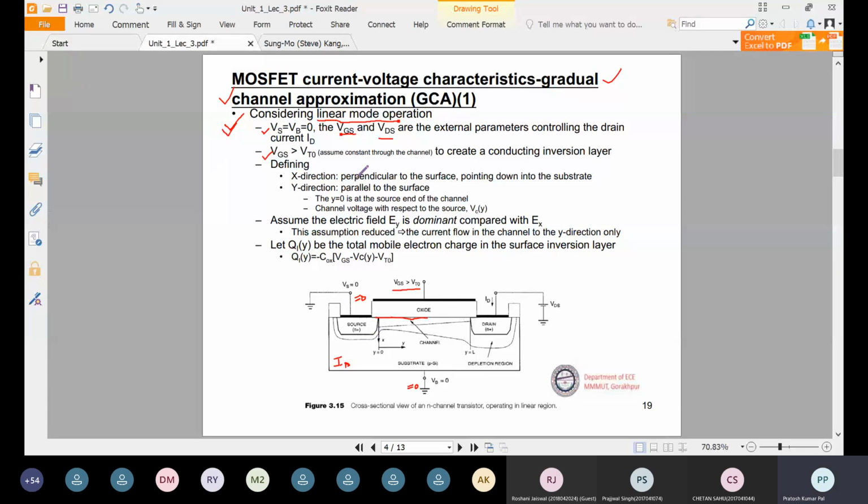So the x direction is perpendicular to the surface and the y direction is parallel to the surface, and we have taken y equals to 0 at this position, and y equals to L here.